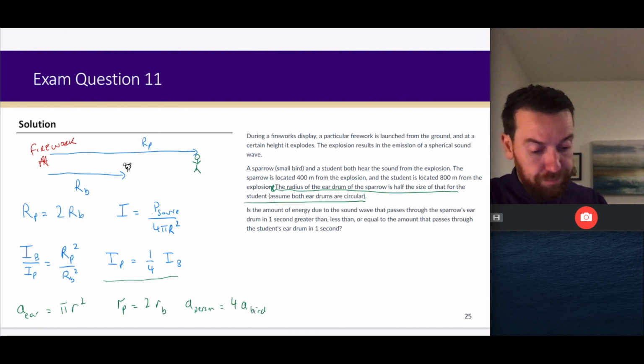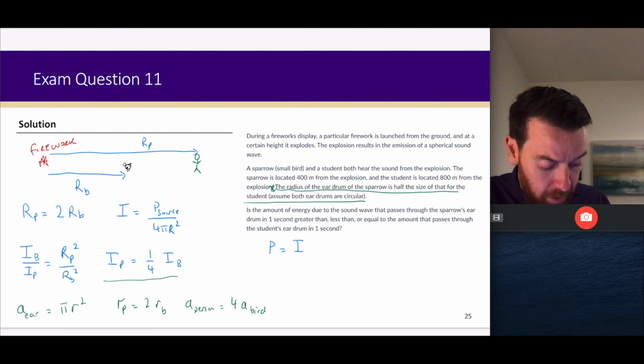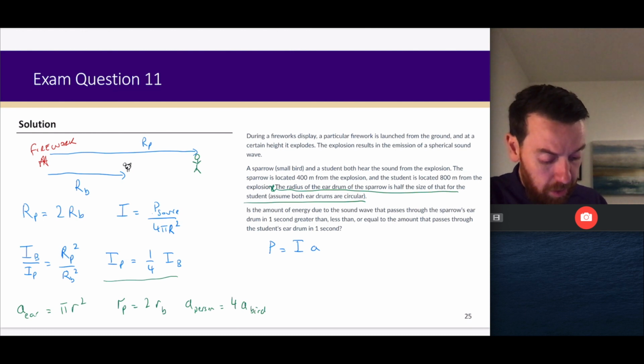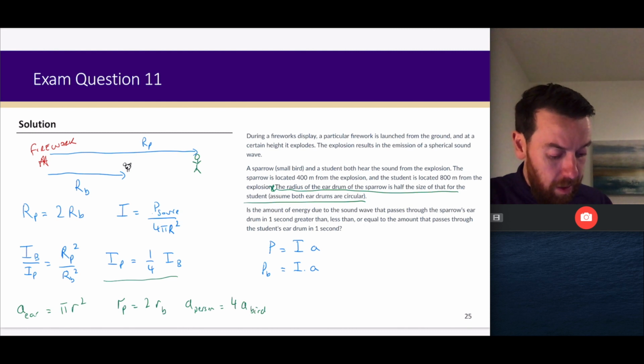Okay. Our last step is now thinking that we have power is equal to intensity times the small a times the area. And in this particular case, so we know let's say the power for the bird, if it experiences I times some area, what will the person?